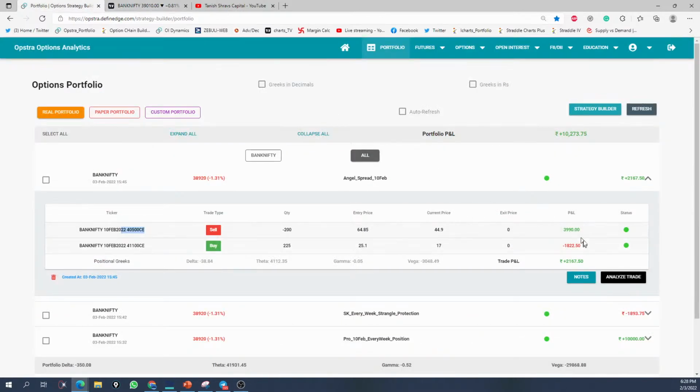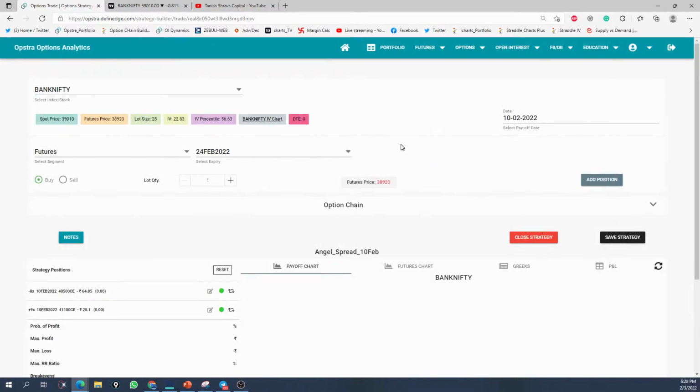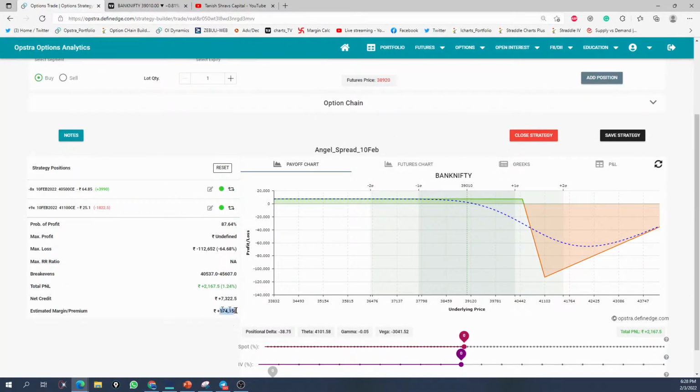Right now I am sitting in profit. Looking at the capital deployed, it is less than 2 lakh. I was expecting some 6 to 7k. And if the data changes and the market makes a view, then I will slightly shift my position accordingly. This is for small-size people who are trading with less than 2 to 3 lakhs.